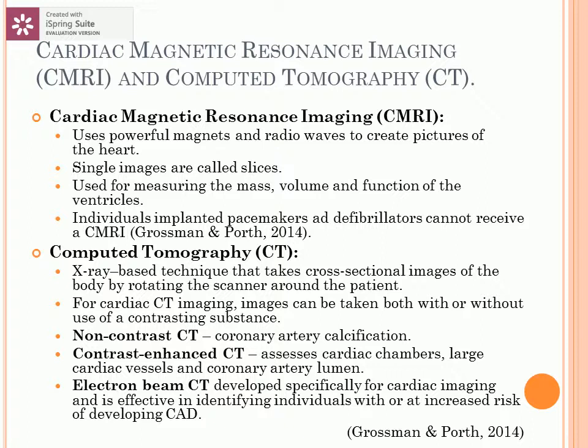So non-contrast CT is often used for coronary artery calcification, and a contrast CT is used to assess cardiac chambers, large cardiac vessels, coronary artery lumen, because it can be easily defined. They can look at the structure of the heart and the lines that delineate the different structures. Electron beam CT scans are developed specifically for cardiac imaging, and they're effective in identifying individuals with or at an increased risk of developing coronary artery disease.